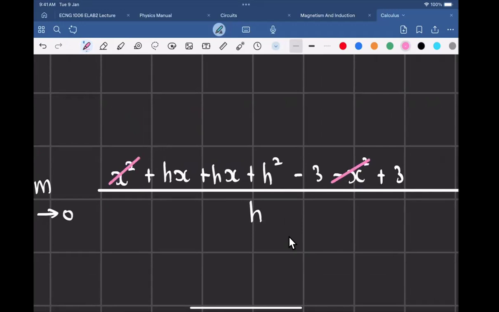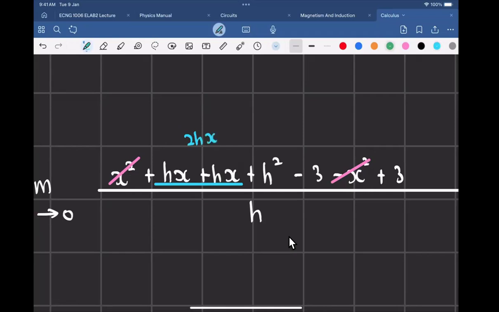And hx add hx is 2hx, not hx squared. When we add, you don't get squared. What does squared mean? Multiplication, not addition. This is 2hx.